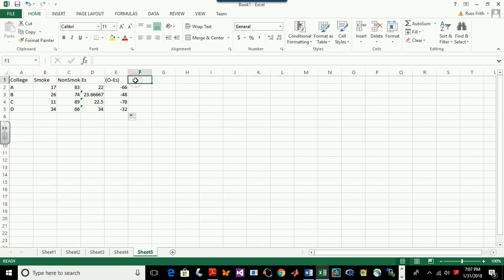And then we need O minus E squared divided by E, so this number divided by E.